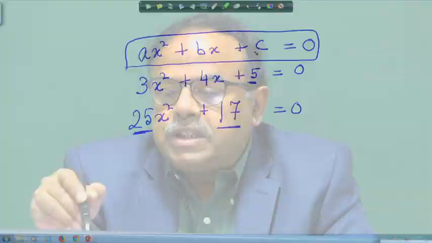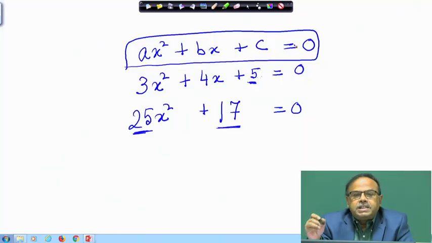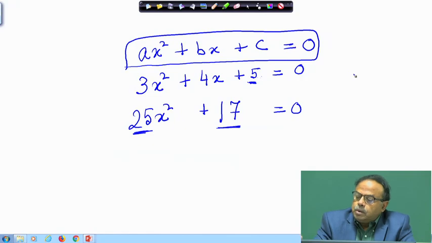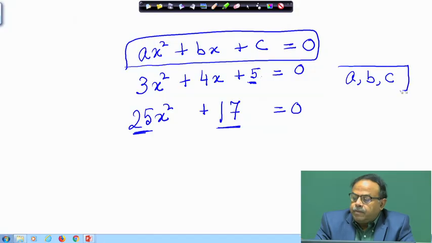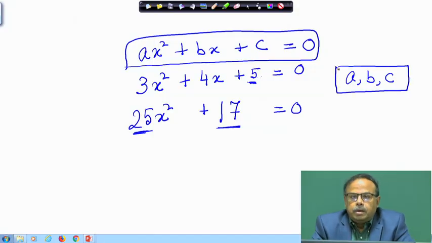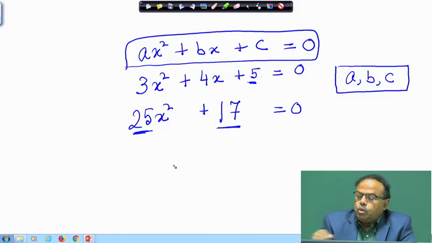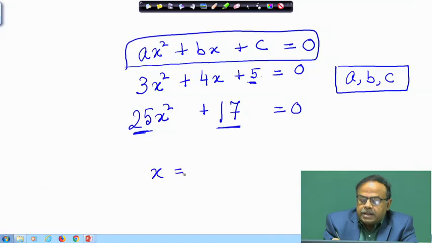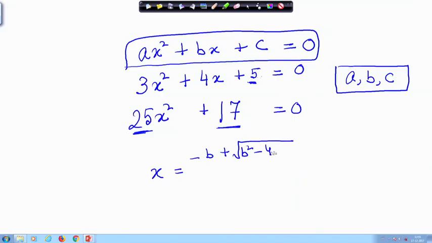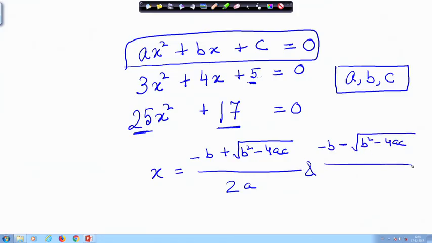An equation of this form can be specified by specifying the coefficients. So, I have to accept the values of a, b and c from the user, and you can see that the root is dependent on the value of these coefficients, because we know the root x is minus b plus root over b square minus 4ac by 2a and minus b minus root over b square minus 4ac by 2a.